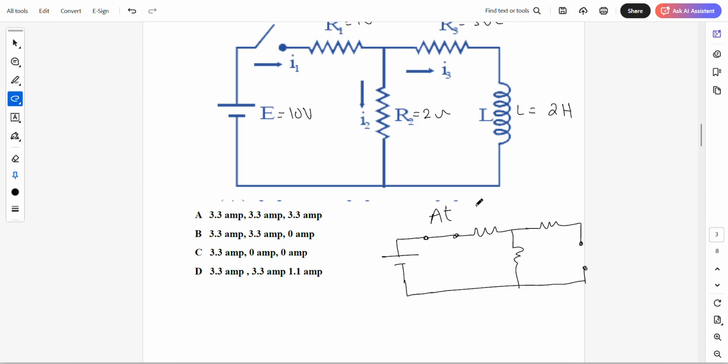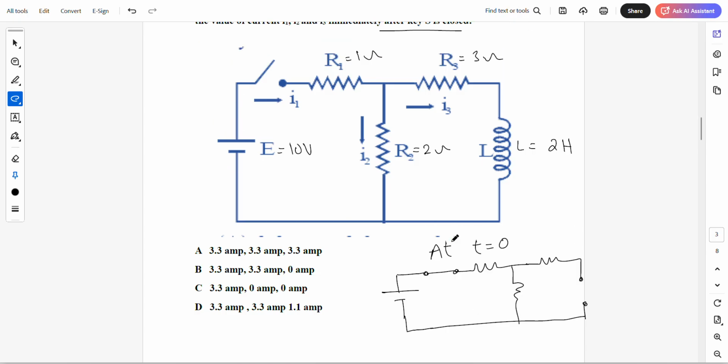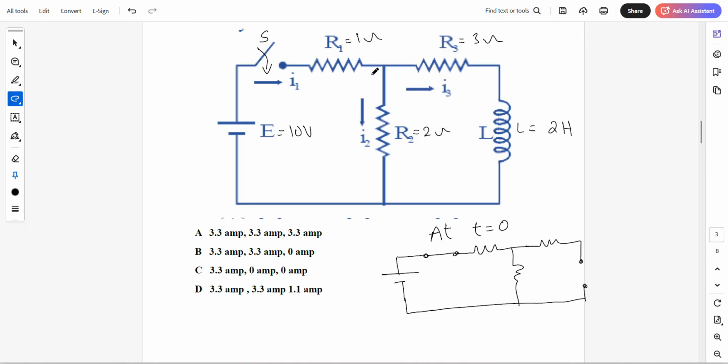At t is equal to 0, when the key S is closed, L is open circuit. R3 is 3 ohm, this is 2 ohm, and this is 1 ohm. No current flows here.